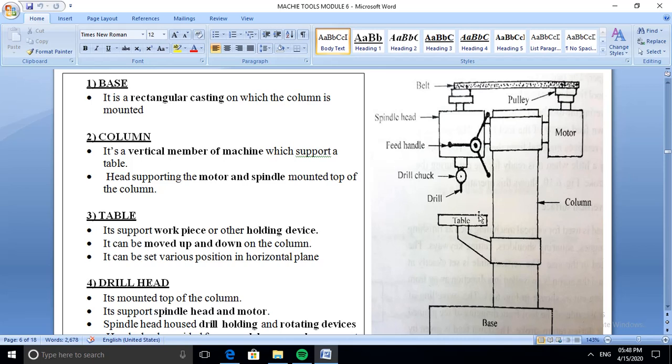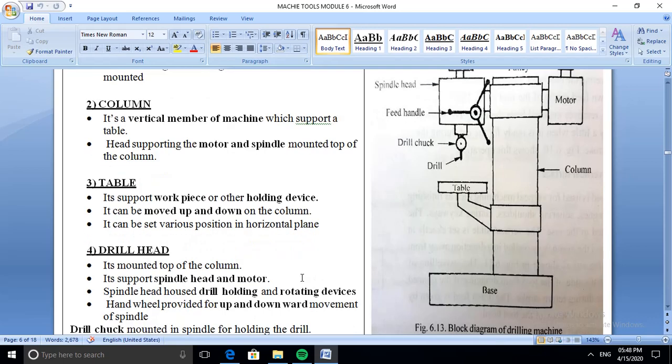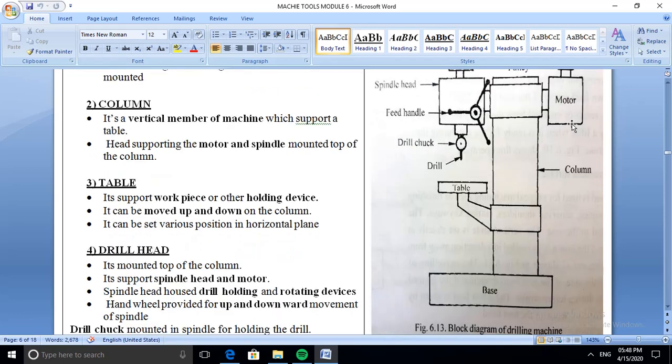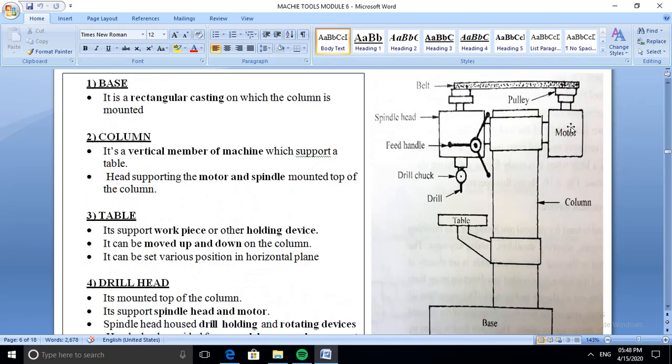And then next is the drill head. The drill head is mounted at the top of the column. Here this is a motor, and from this motor the power is generated.